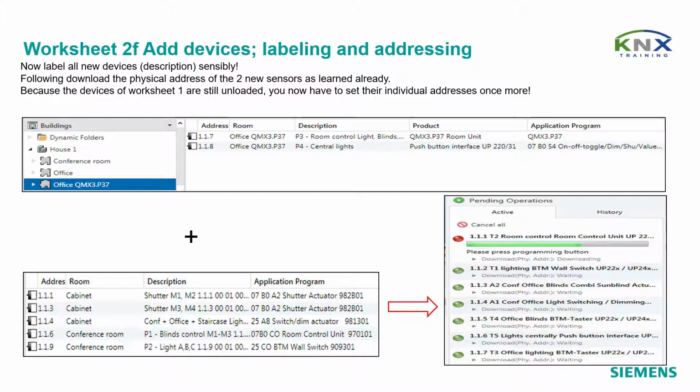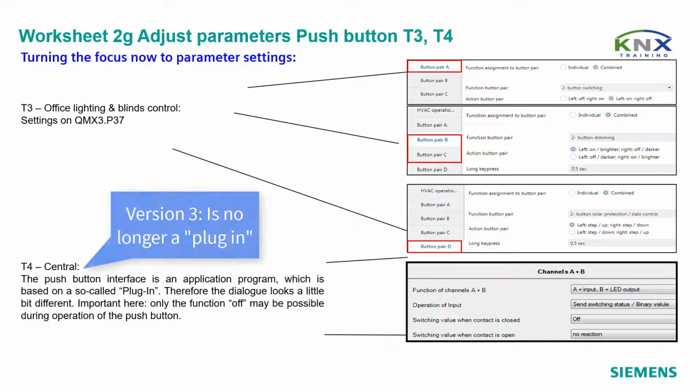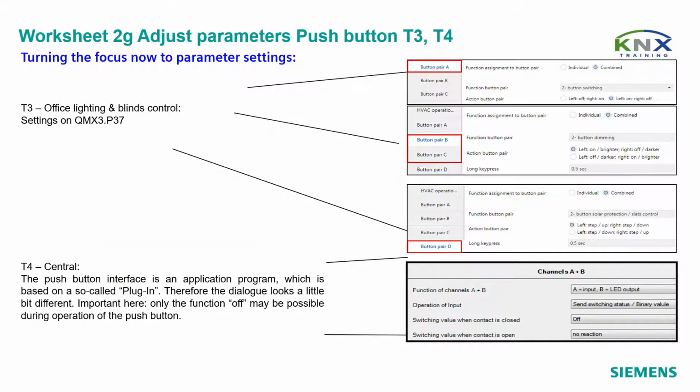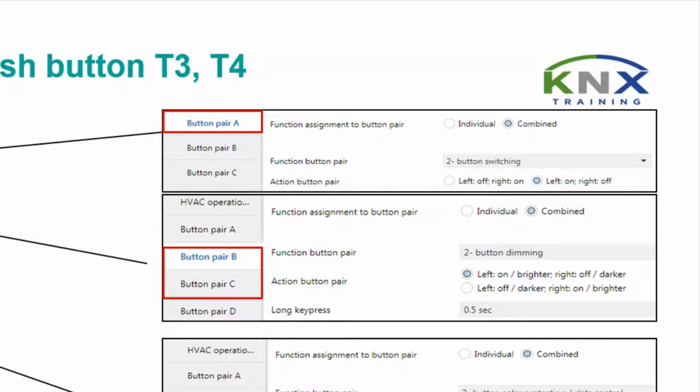Adjust parameters push buttons T3 and T4. We do the parameter step now again, setting up the two sensor devices according to their tasks. Just copy the settings from the parameters dialog boxes you can see here.